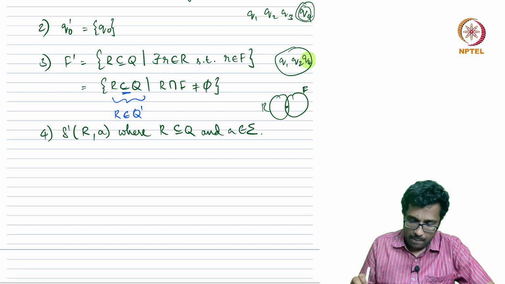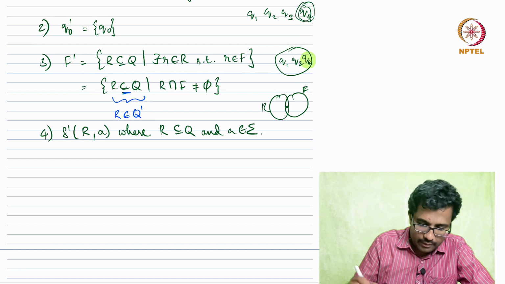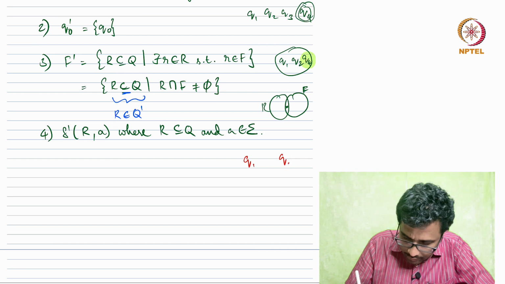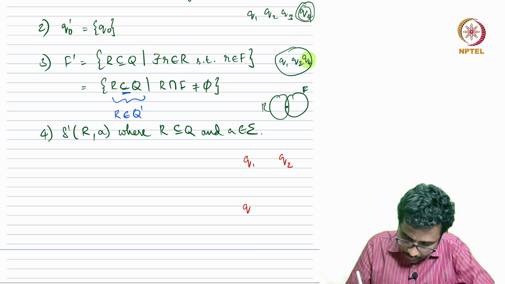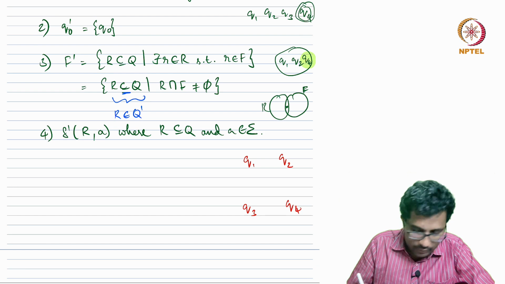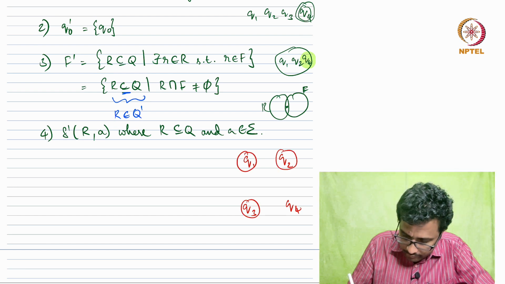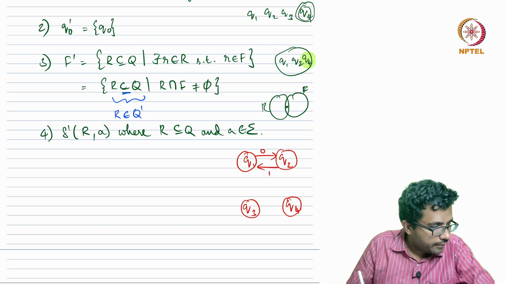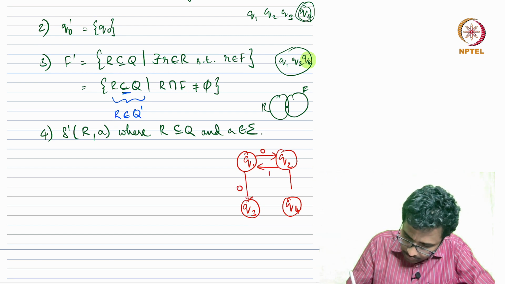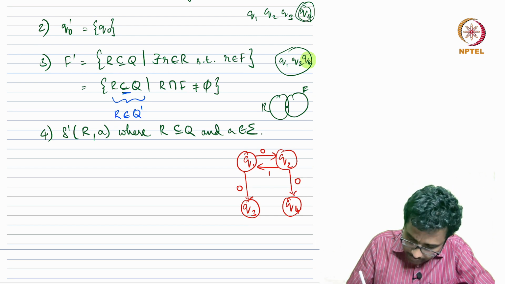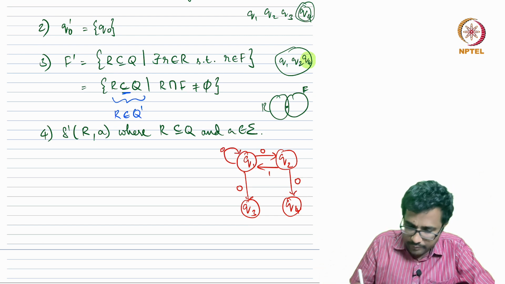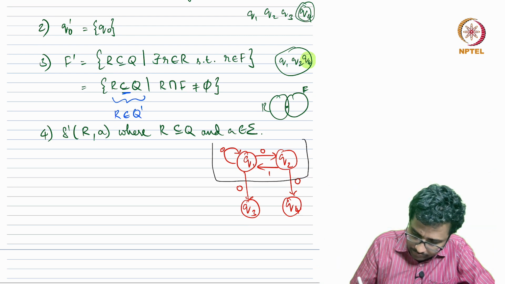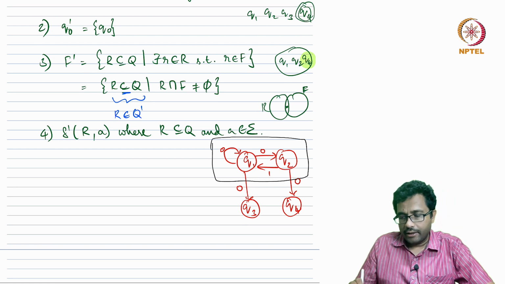So maybe I'll just give a brief example. So let's say I have Q1, Q2, Q3, Q4, with transitions on 0, 1, 0, 0. Let's say for good measure there is another 0 here. Now consider R to be this set containing Q1, Q2.